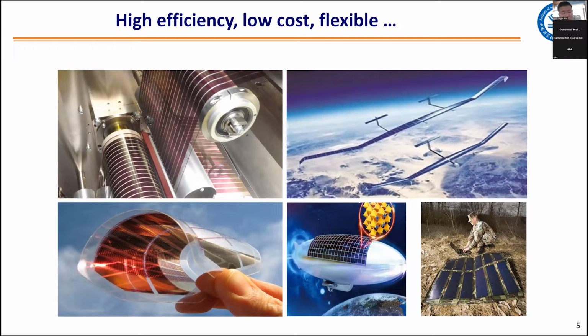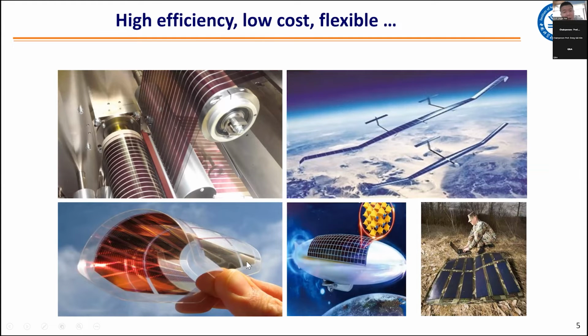It's very powerful in these areas, and I think this is consistent with our work. More and more people realize we can design very high efficiency, low cost, flexible solar cells for applications in our daily life and also in the army.